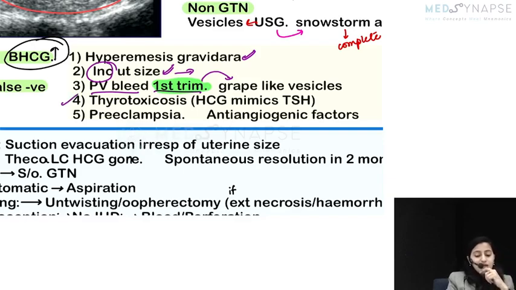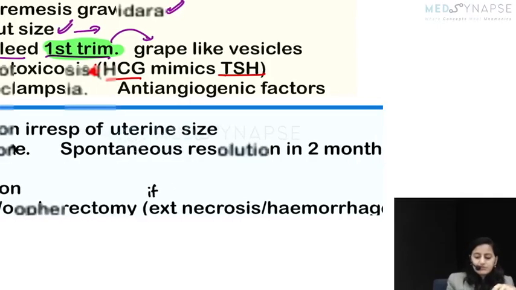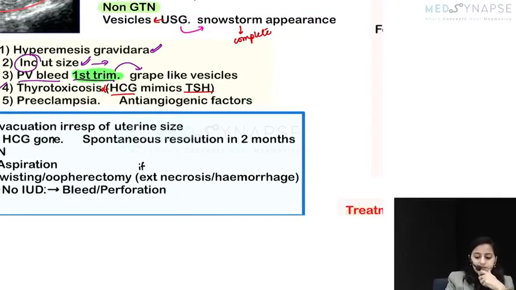There can be thyrotoxicosis. Why? Because HCG mimics TSH. What HCG, alpha or beta, mimics TSH? Alpha HCG. Remember, therefore, in pregnancy, do we test alpha HCG or beta HCG? Beta HCG, because it is specific.